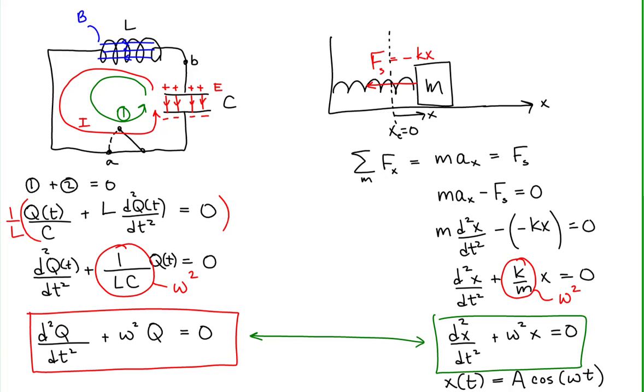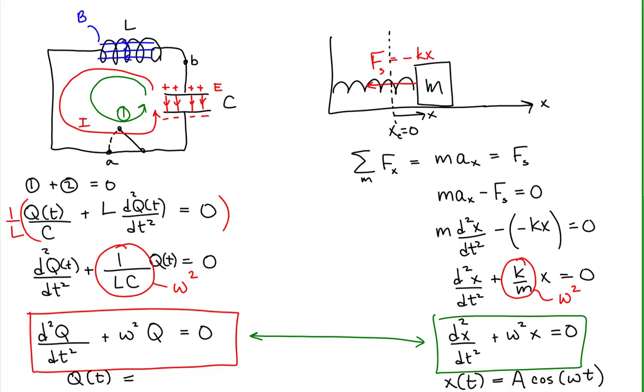Well, this equation that governs the spring block system is identical to the equation that governs the charge in an LC circuit. So what that must mean is that the solution for charge as a function of time in our LC circuit must have a solution identical to our spring block system.